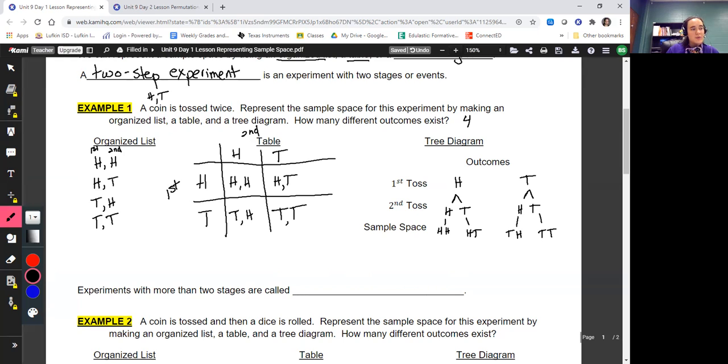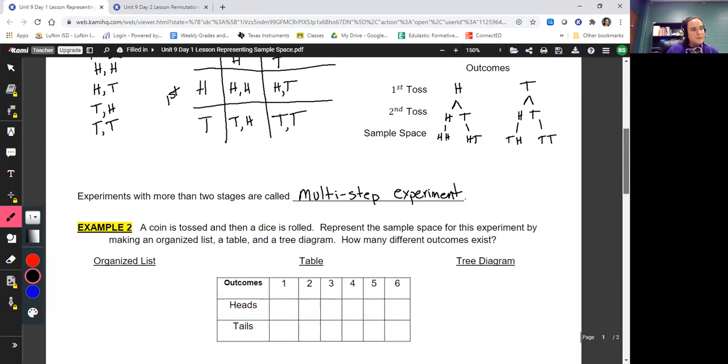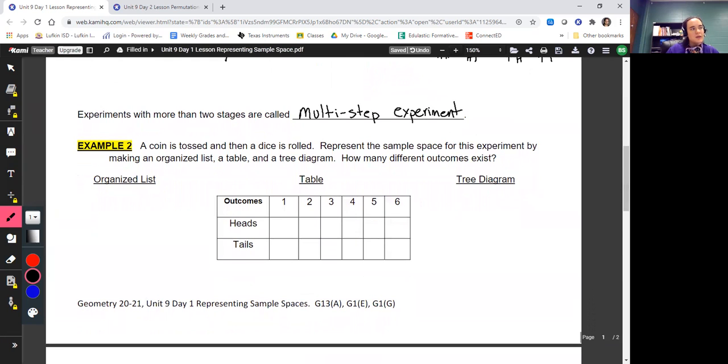So that example and this next one are two-step experiments. Anything with more than two steps is called a multi-step experiment. So on our next one, we have a coin being tossed again, possible outcomes are heads or tails.